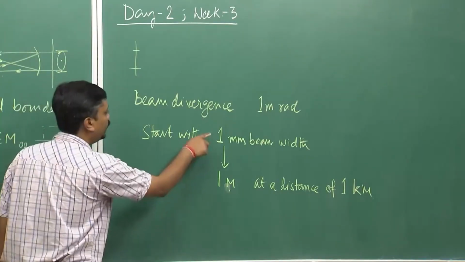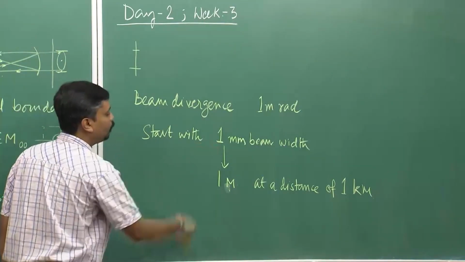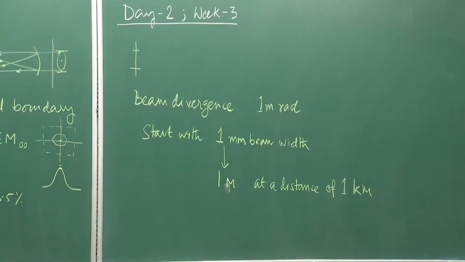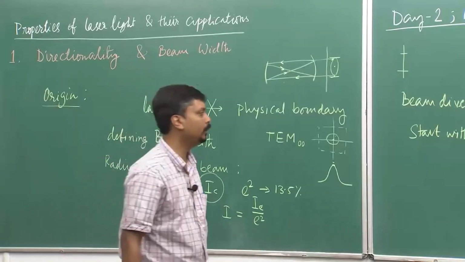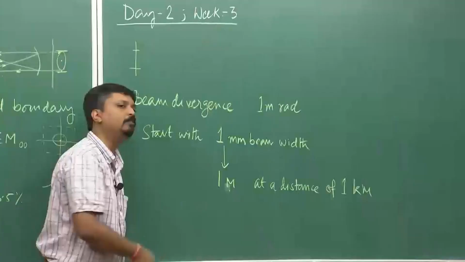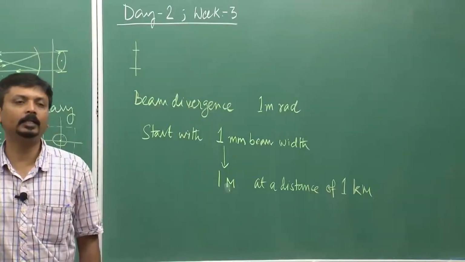Okay. So, if we start from 1 millimeter, we will see the beam to be 1 meter at a distance of 1 kilometer. So, you can see that the divergence is really little. Okay. It is not huge.